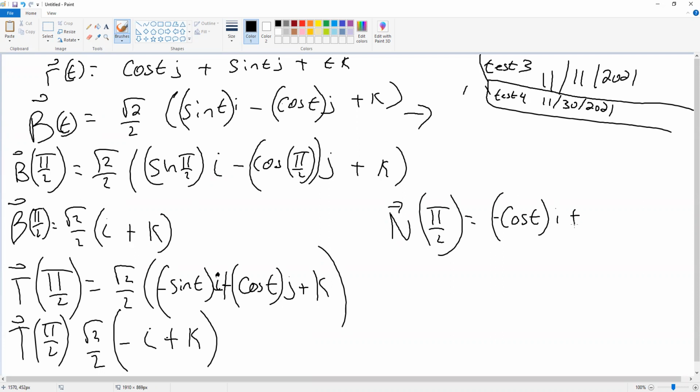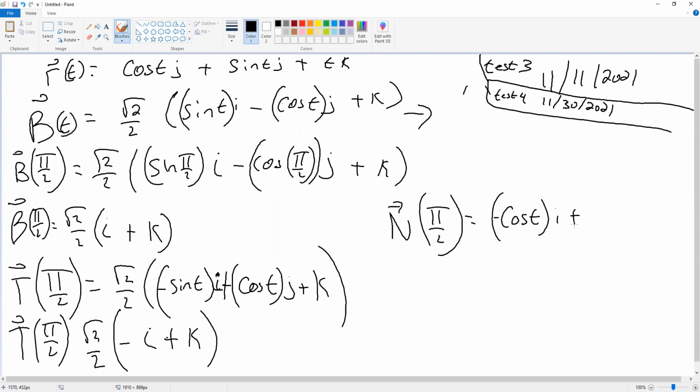Yeah, mine's minus. Is it? I don't know. That's a little bit of work. And the j is negative sine t, or did I write positive last time?